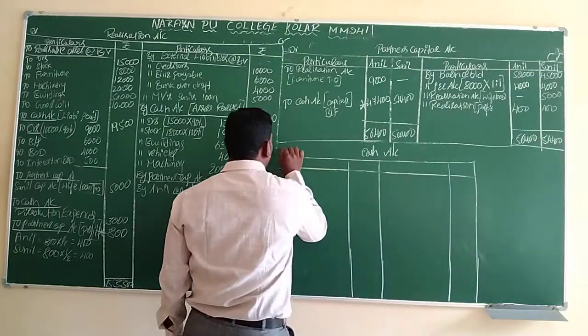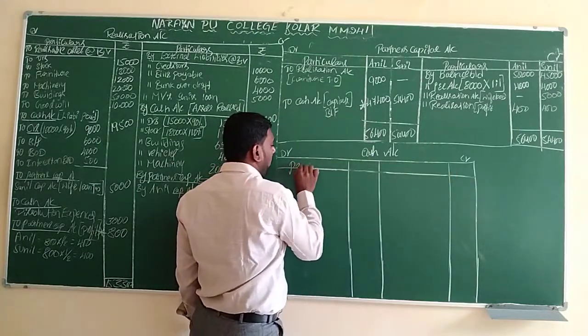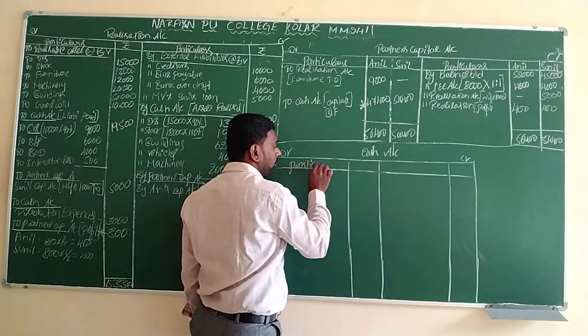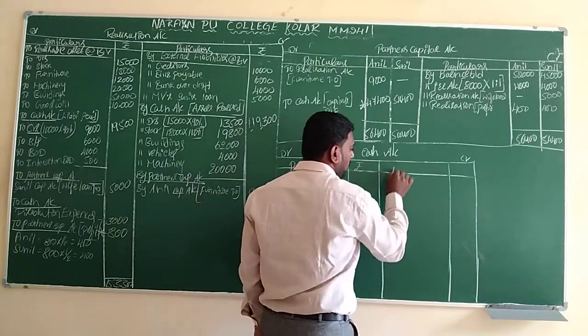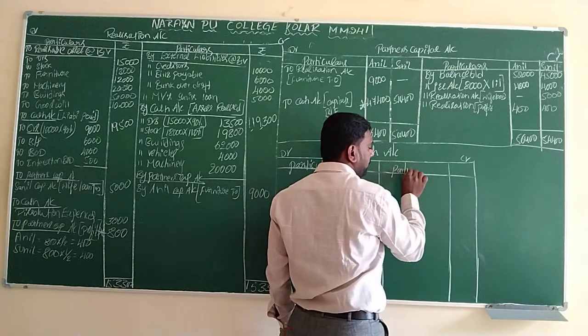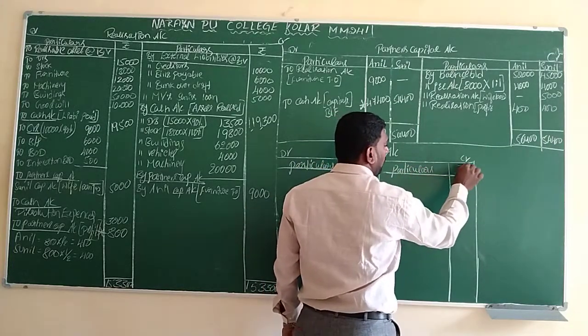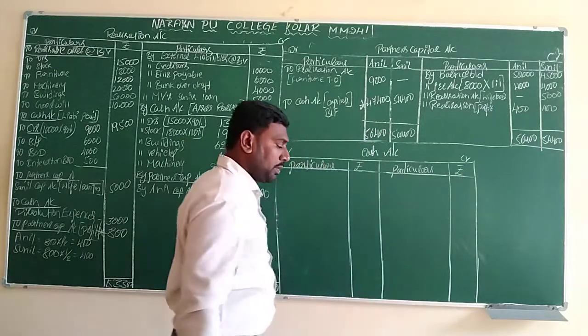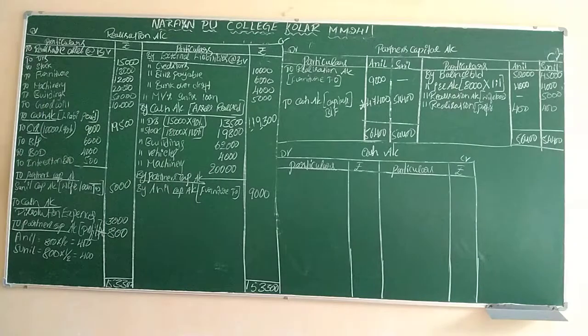We should write debit and credit compulsorily: particulars, amount, particulars, amount. So this is the format of the cash account.